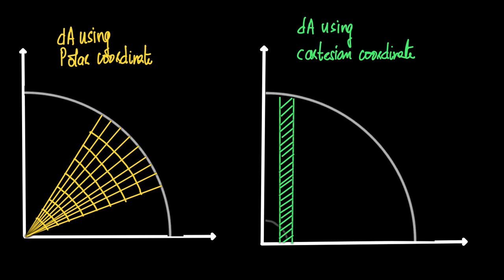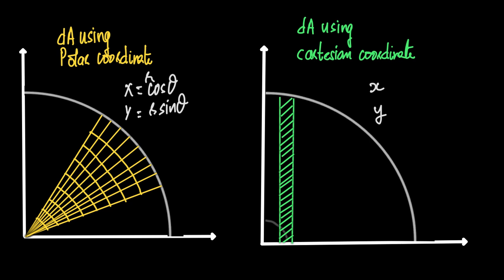So the area represents actually the positive quarter of the circle. But the same area can be evaluated using two methods. One using polar coordinates, where we have x equal to r cos theta and y equal to r sine theta, and in Cartesian coordinates where we only have x and y.